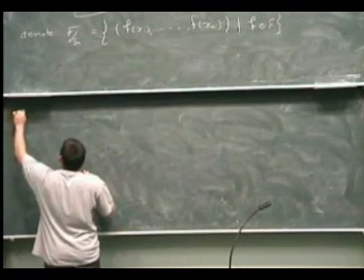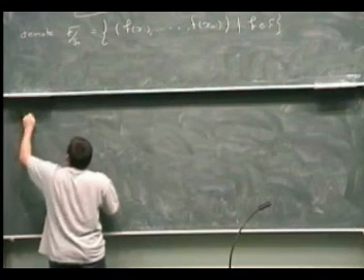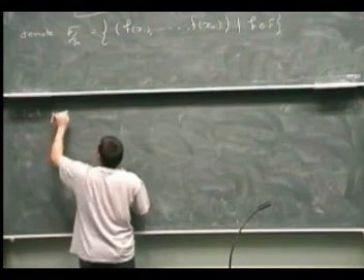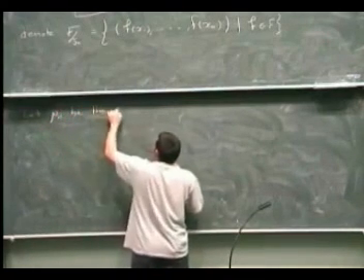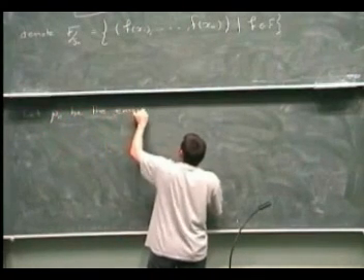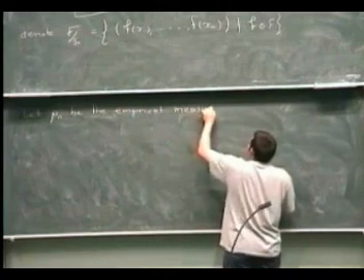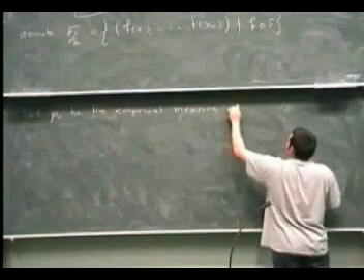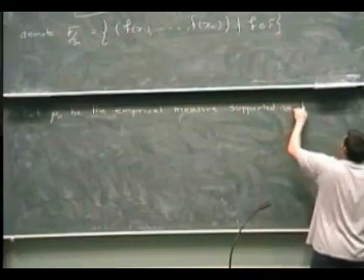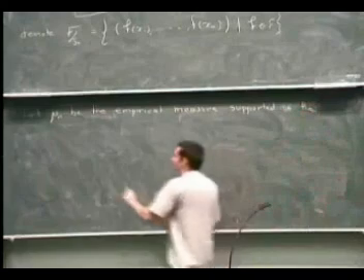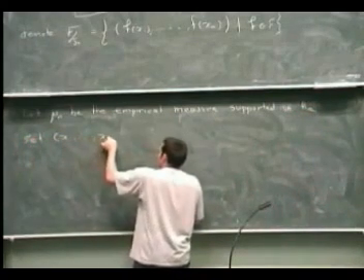So take F. Let mu_n be the empirical measure supported on the sample set x1 to xn. Okay?